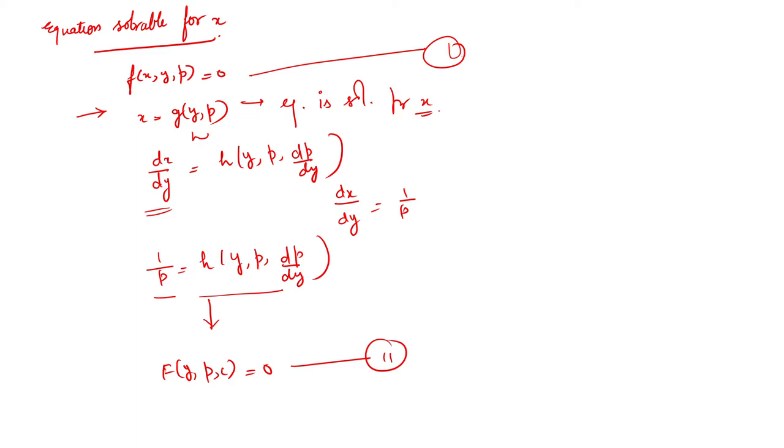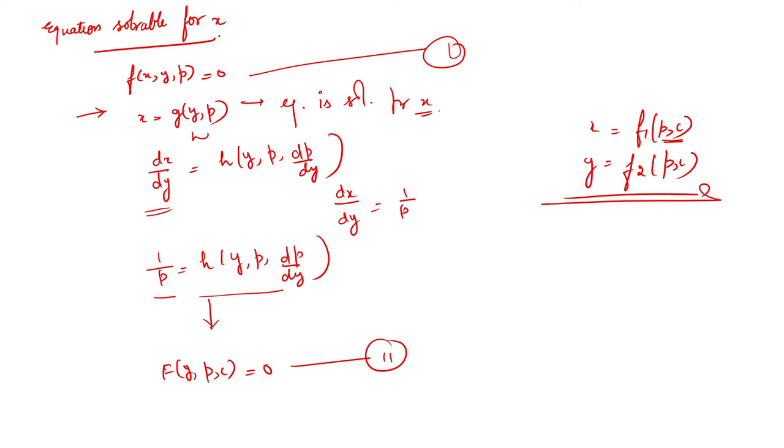If you are not able to eliminate between 1 and 4, if no elimination is possible, then x and y separately give you the solution. Suppose in this case your x is in terms of p and c, and your y can also be taken in terms of p and c. So this is how you can solve the equation.